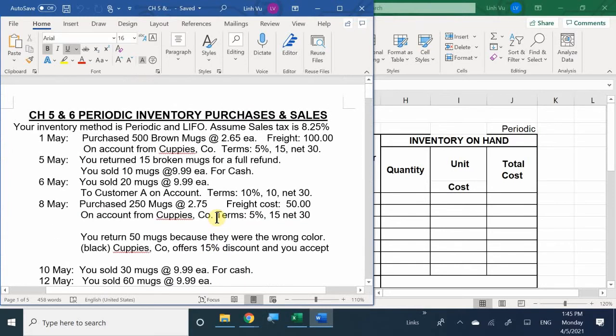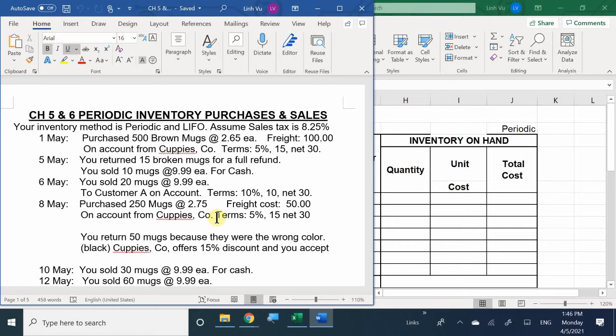With the very first one, what happened on May 1st? About 500 brown mugs at $2.65. Freight was $100. What else? And we place that on an account.